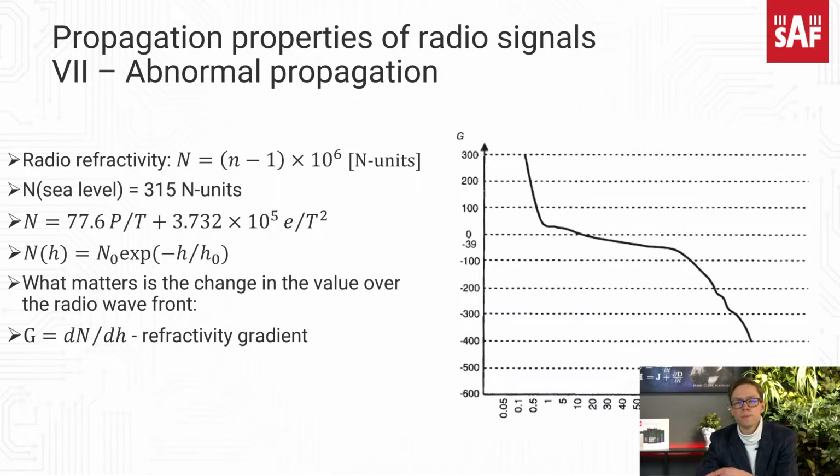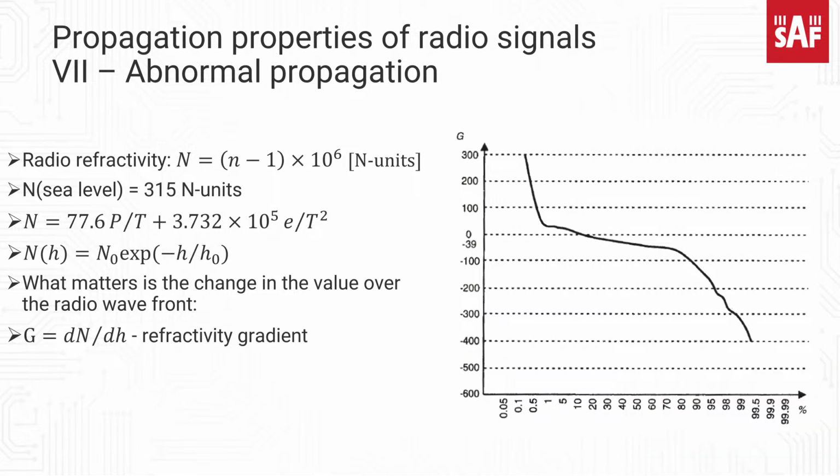And here's a very famous graph for link planners, which gives us the statistical distribution of different refractivity gradient values around the world. This was statistical data recorded from different meteorological stations and accumulated together.